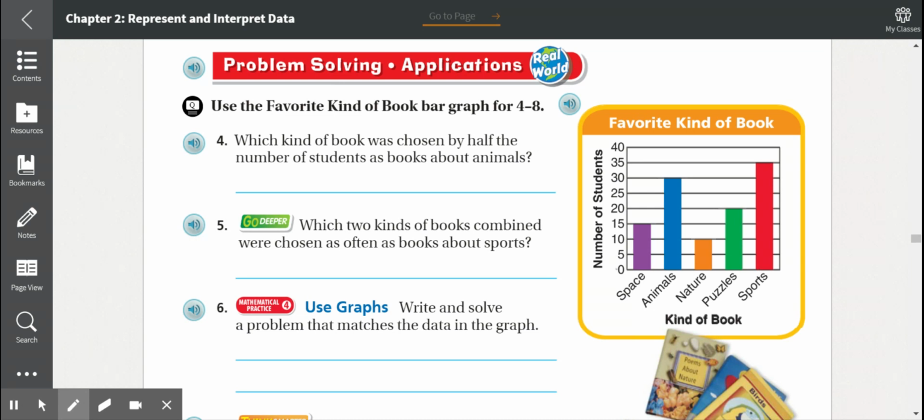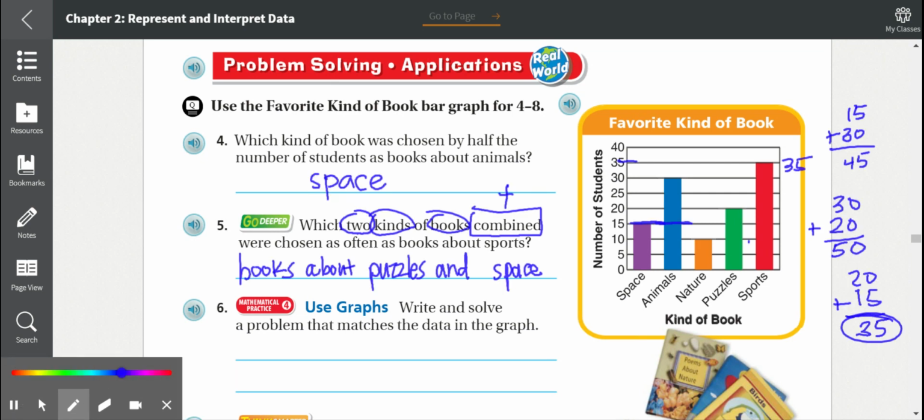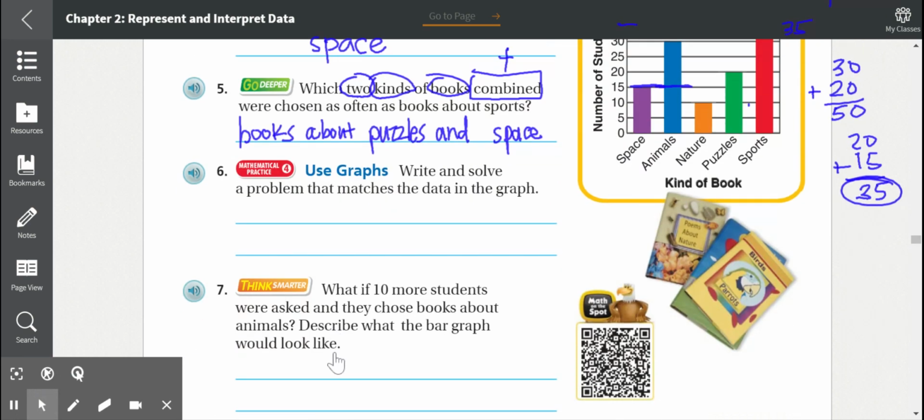Our scale is going by 5s because we go from 0 to 5. So it goes 5, 10, 15, 20, 25, 30, 35, 40. All right, let's keep going.